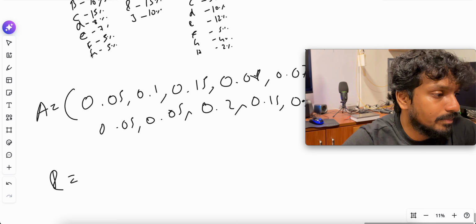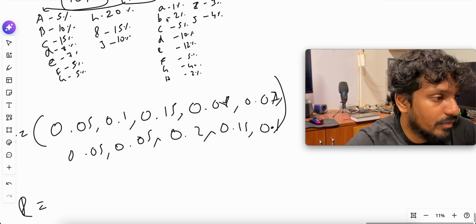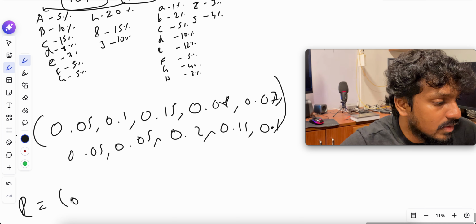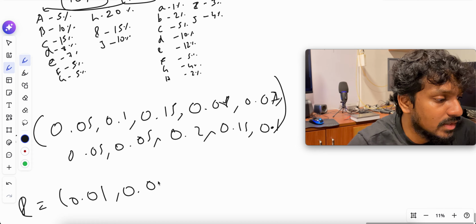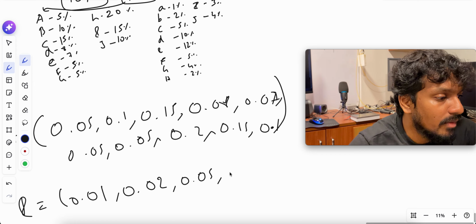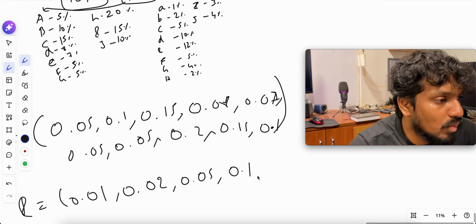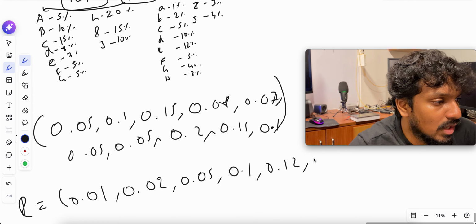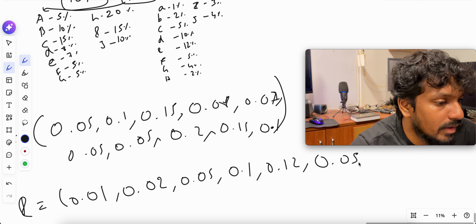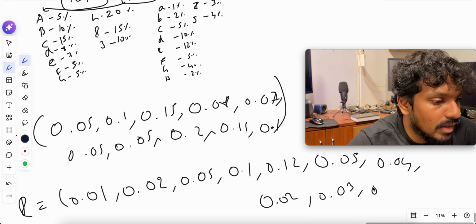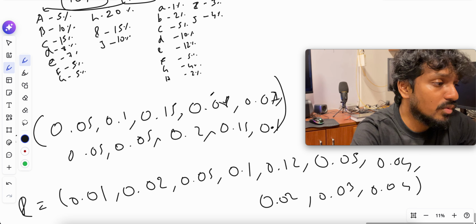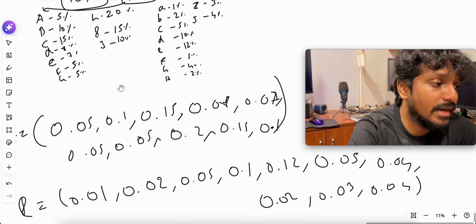So in the result, what we've given from A is 0.01, 0.02, 0.05, 0.1, 0.12, 0.05, 0.04, 0.02, 0.03, 0.04. So what I'm going to do is find out the total return my portfolio has given.